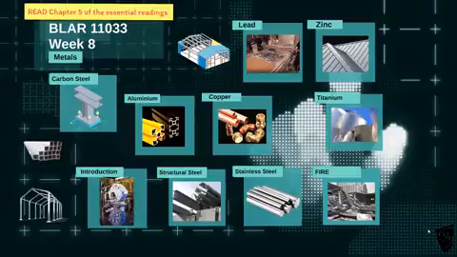Reinforced concrete's got steel reinforcing bar in the middle of it. And then you come down to the smaller bits, so your screws and your nails and your brackets. You'll find it absolutely everywhere.